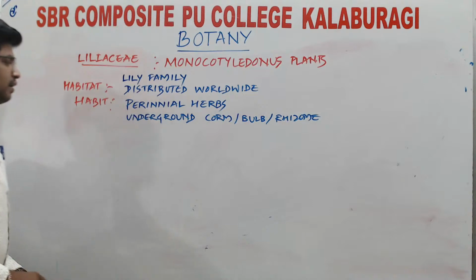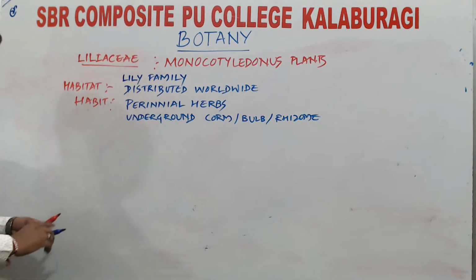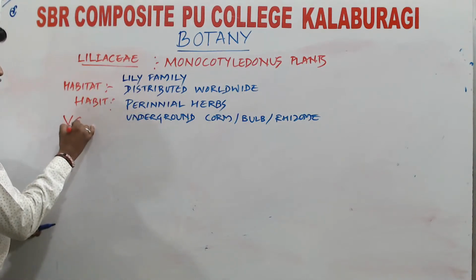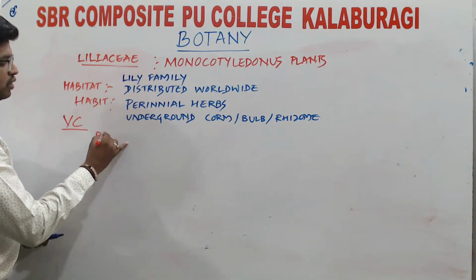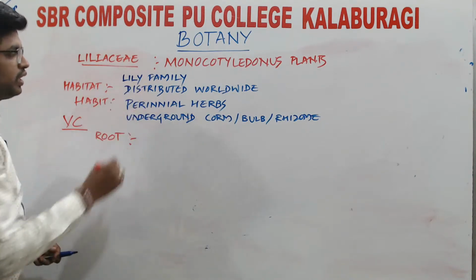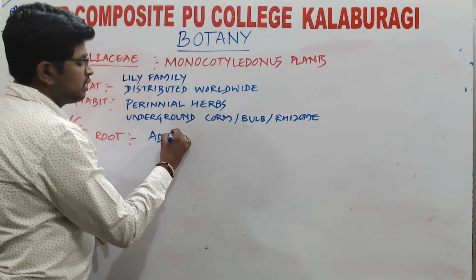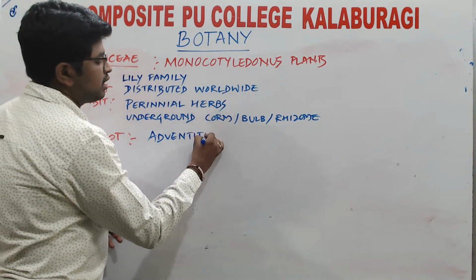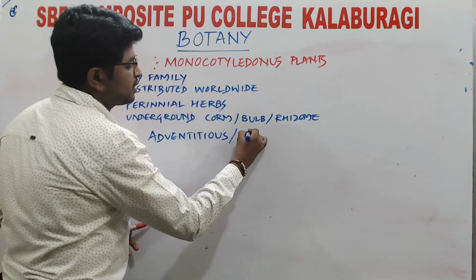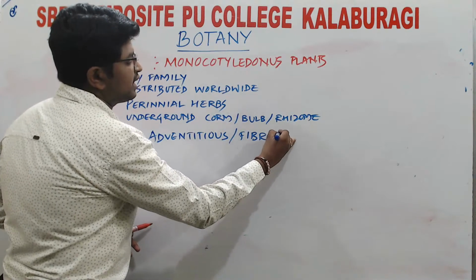Okay. Now, following this, we have to write the vegetative characters. The first one is root. The root with respect to the Liliaceae is adventitious or fibrous. Now, what is adventitious?